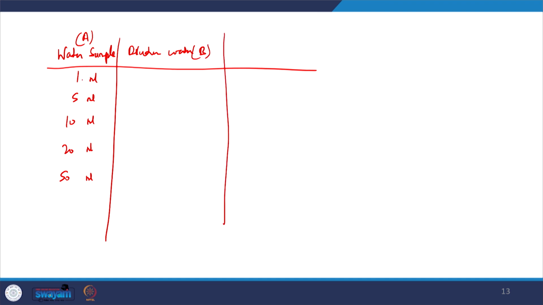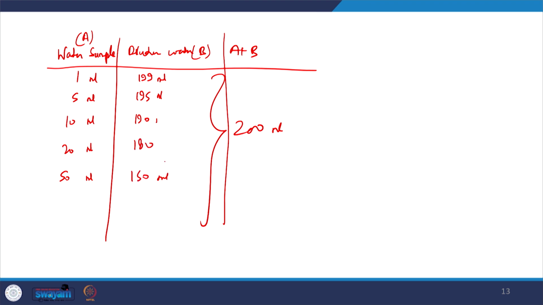Here it will be taken as 199 ml, so that A plus B is always equal to 200 ml. So, here it will be 195 ml, here it will be 190 ml, and then similarly 180 ml, 150 ml. So, always they will be taken in such a manner that the total A plus B value is 200.